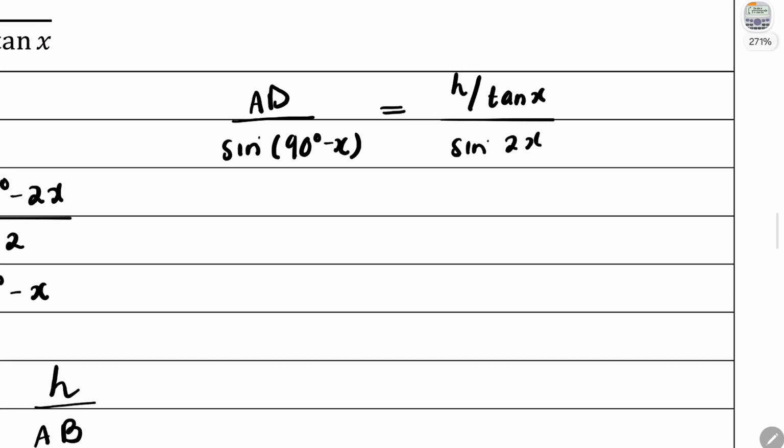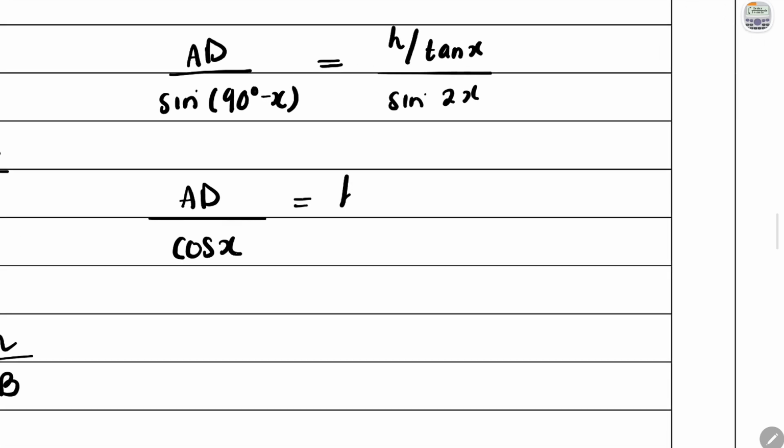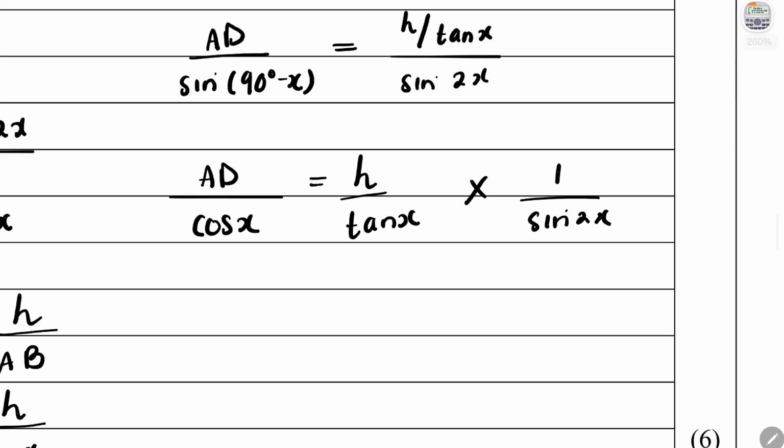And now all we have to do is simplify. So this is AD over, we can use cofunctions here to simplify that. Sine of 90 minus x is equal to cos x. And this is equal to, and this is a fraction, h over tan x, and we are dividing by sine 2x. So we can use tip and times here. If you put this over 1 to make it a fraction, you're going to have to tip it, meaning swap the numerator and denominator, and then change the division to a multiplication.